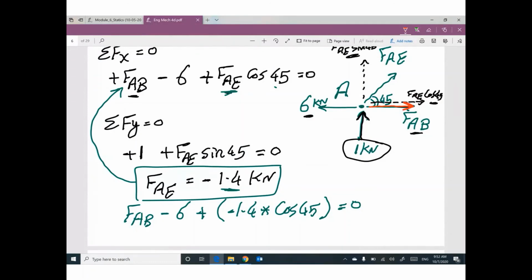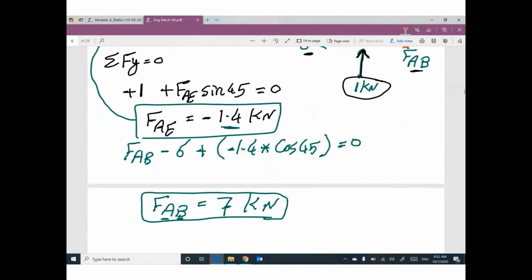Do you think your assumption is correct? Yes, because FAB equals positive, so my assumption is correct. That means this member will be tension.